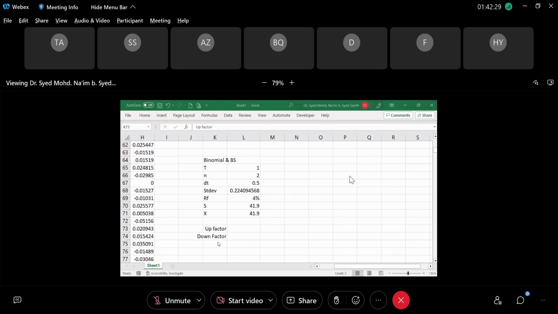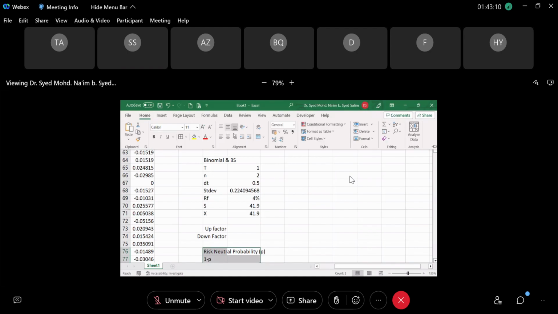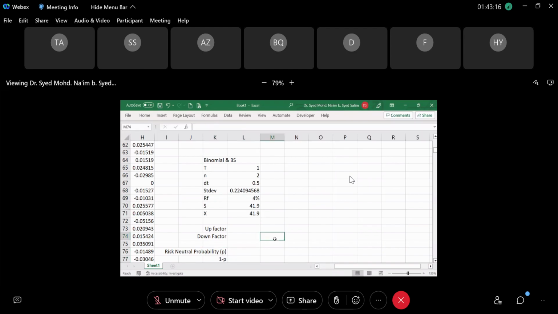and you have to find the risk neutral probability.